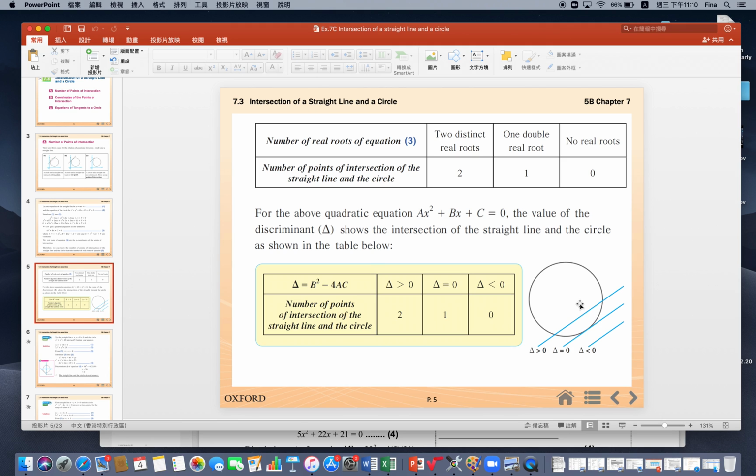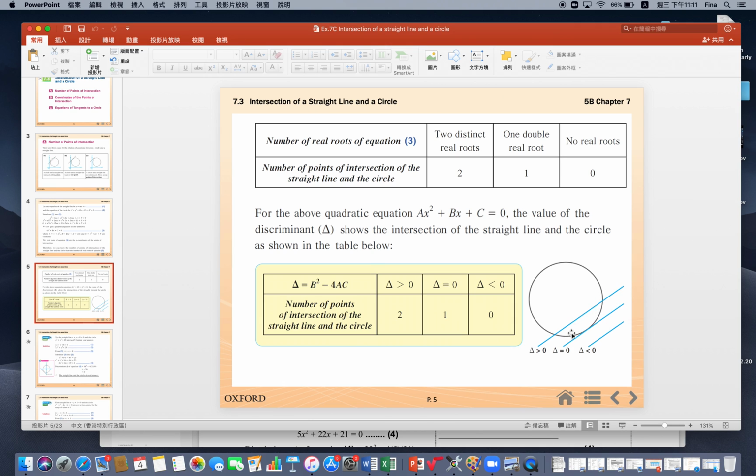Sometimes the straight line will not intersect with the circle. The second case is that the straight line intersects the circle at only one point. The last situation is that the straight line intersects the circle at 2 points.